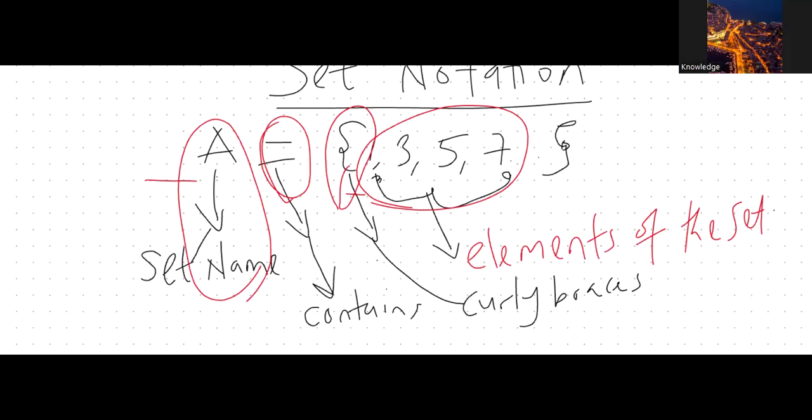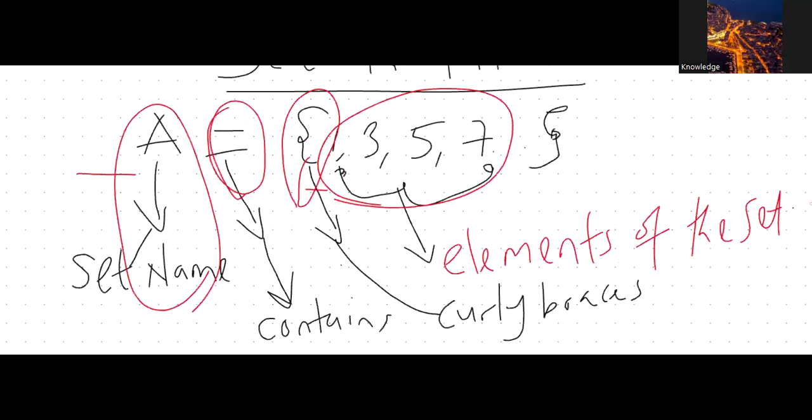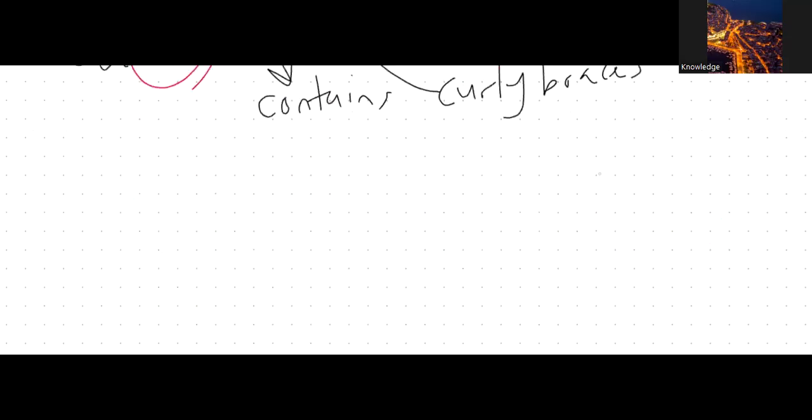So we have two ways of representing a set. This first one we've just used for example. Okay, let me not use that. Let's just write afresh. Now, under set notation, we have two ways in which you can notate a set.